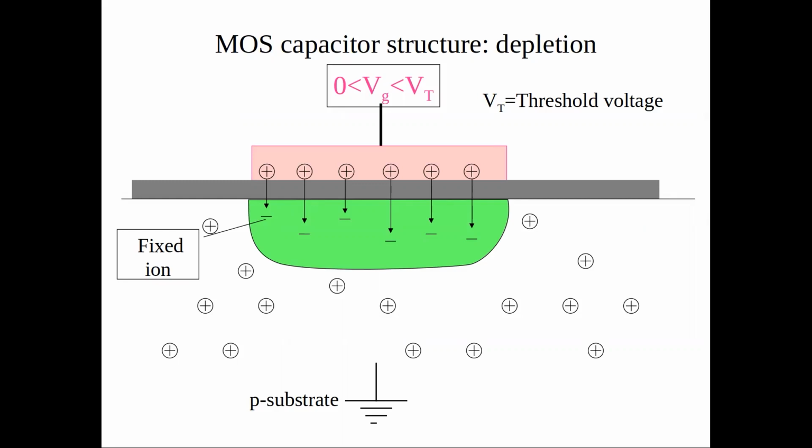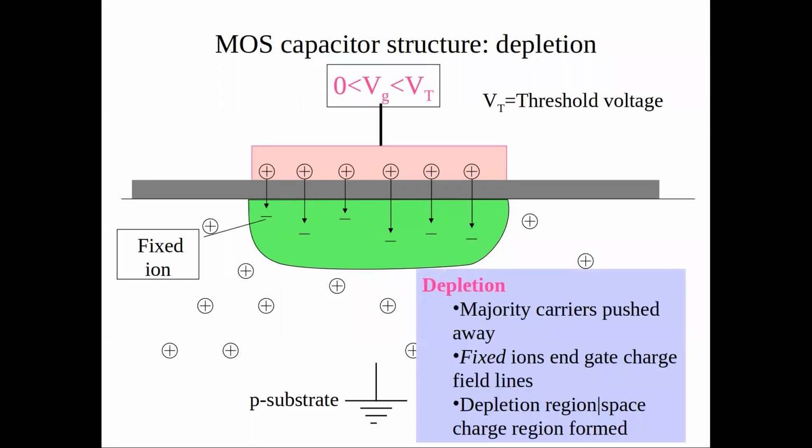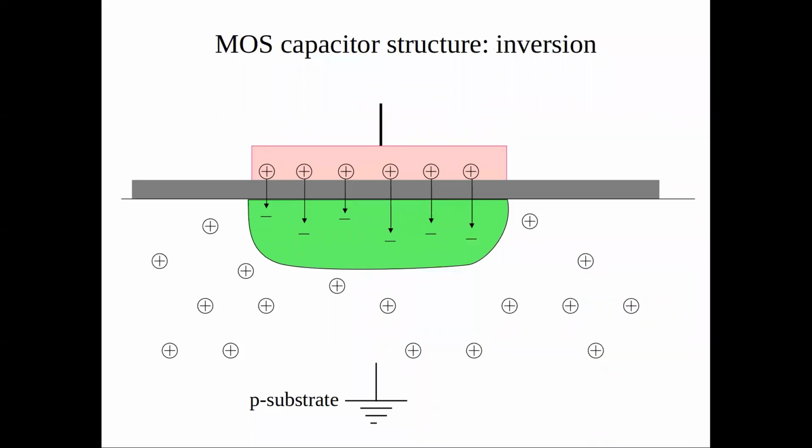So now we can start to see what happens to the surface potential in this condition here. And this is called the MOS capacitor structure. So this is also, as I said, an important concept to remember.